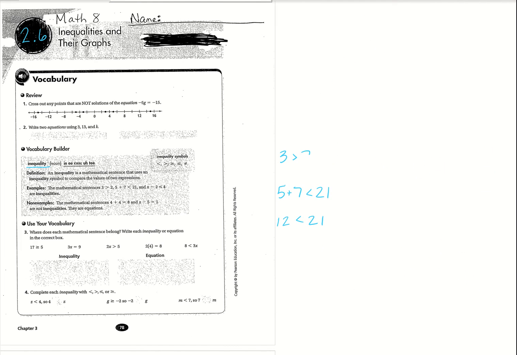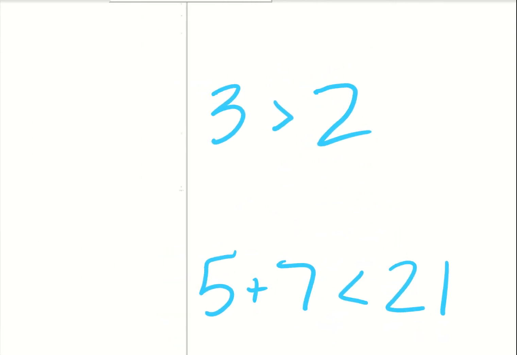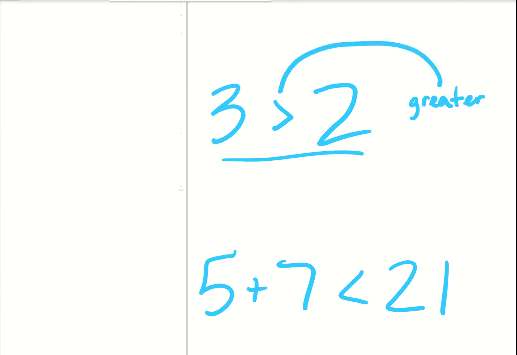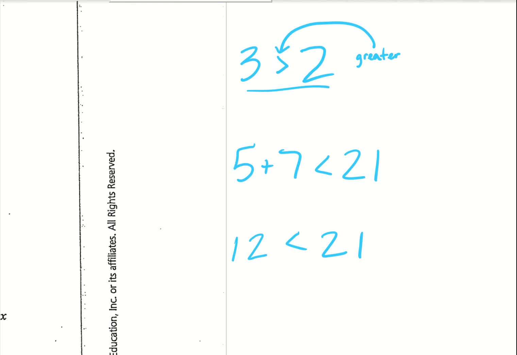If you have those 2 points, like in this first one, 3 is greater than 2, the greater is on the left, so this is going to be greater than. And for 5 plus 7 is less than 21, we know it's less than because we read left to right and the greater one is on the right side. So this is going to be the less than symbol.